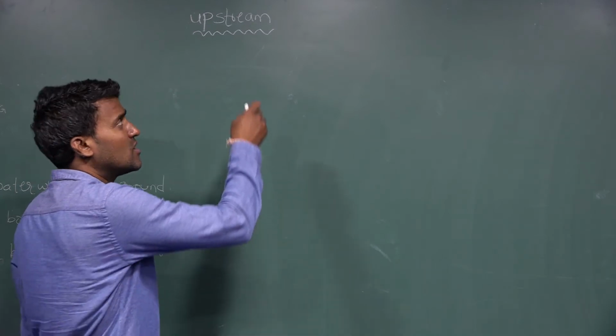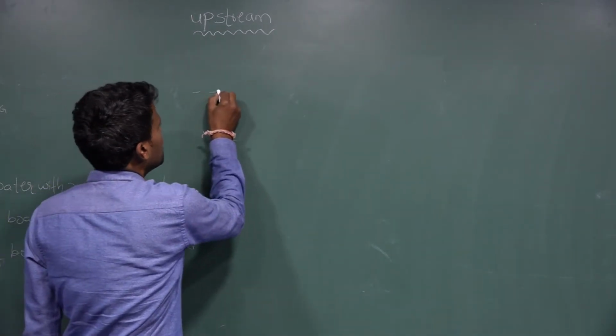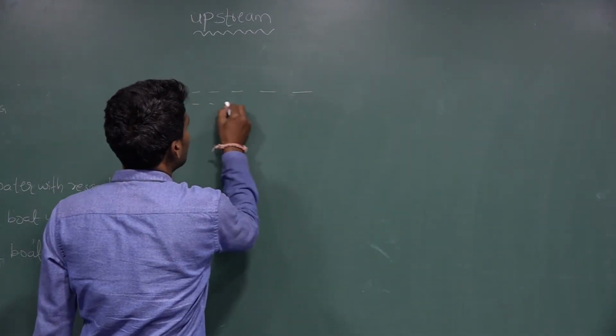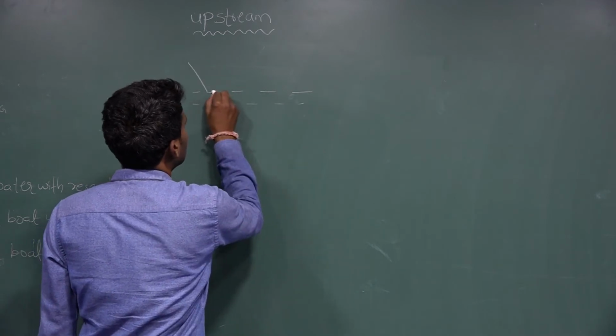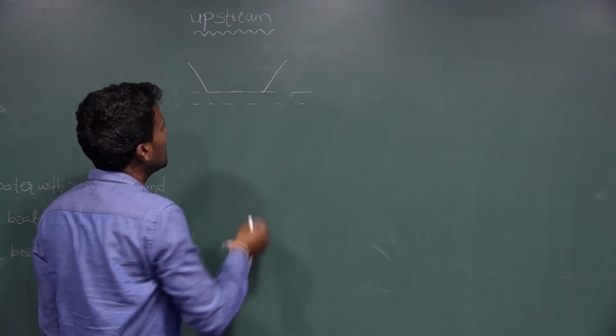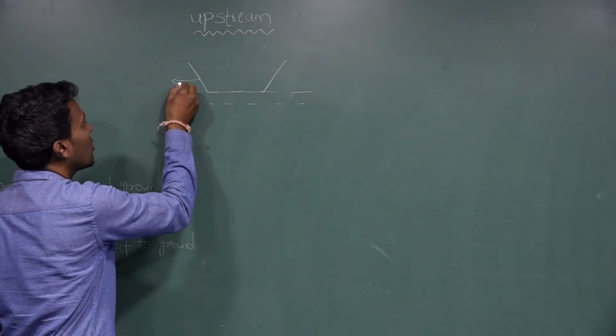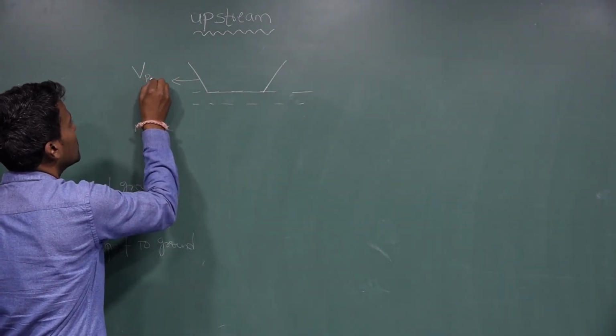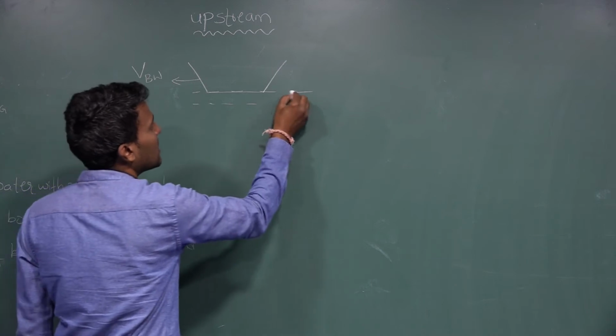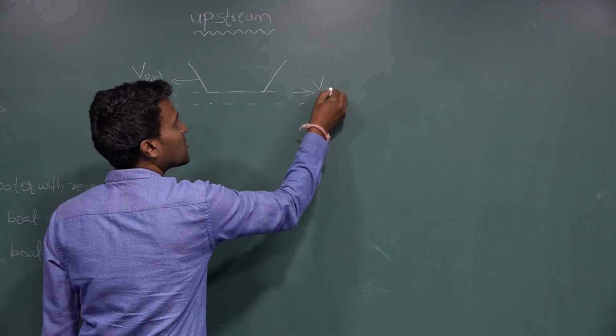Now upstream. Upstream means, this is the water flow I am taking. Now this is the boat. The boat is moving along this direction: boat velocity with respect to water, and this is water velocity with respect to ground.